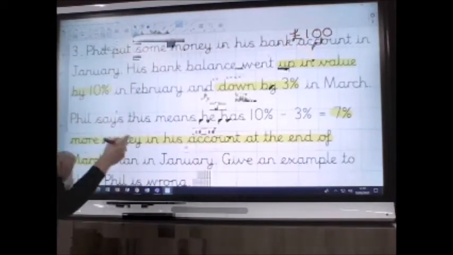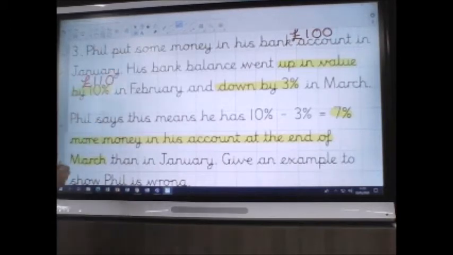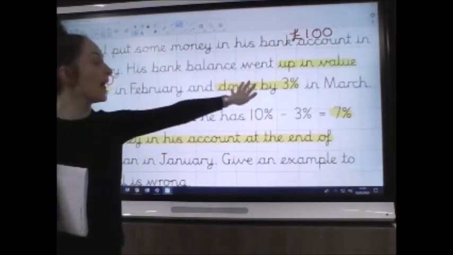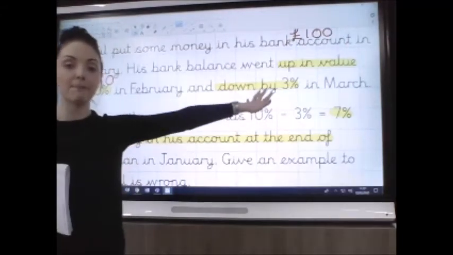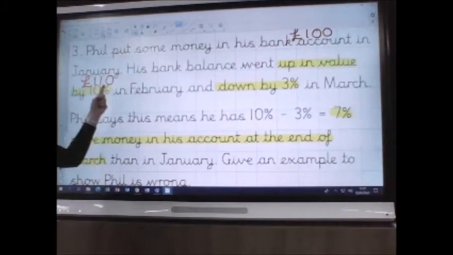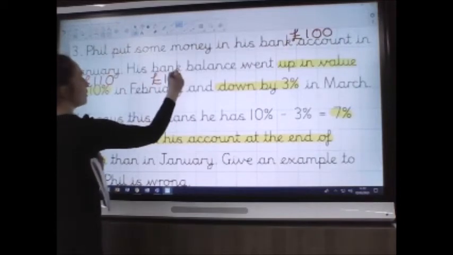So 100 add 10 would be £110. So by the end of February, he's got £110. But then it went down by 3% in March. So let's find, so 1% of 110 would be £1.10. Okay, so that's 1%.